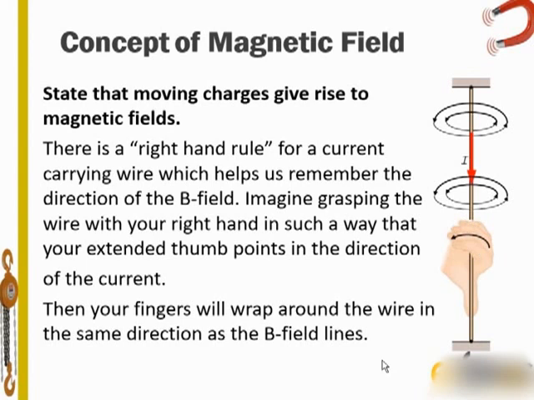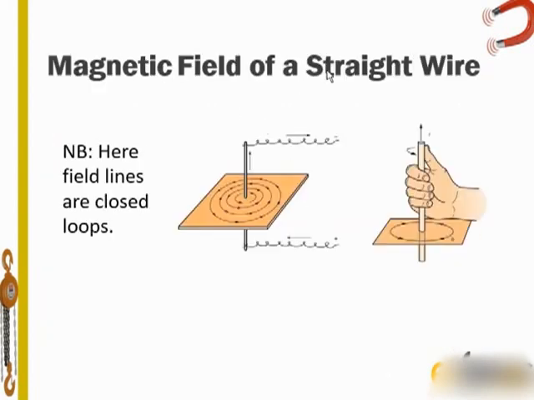So, in terms of the magnetic field of a straight wire, if we wanted to, we could represent that here in the diagram as we've got here on the right hand side. And in fact, this is something that you could do in the lab or even at home if you've got a suitable source for the current.